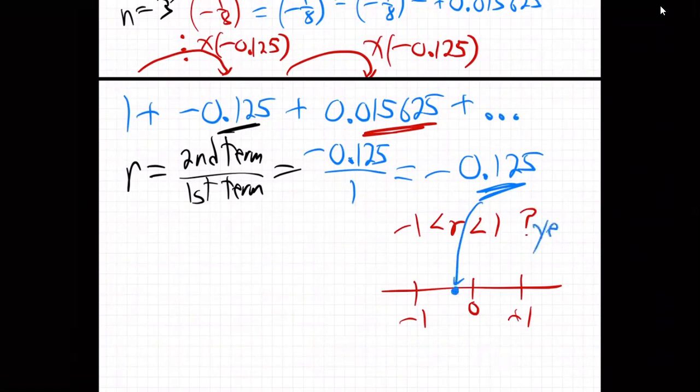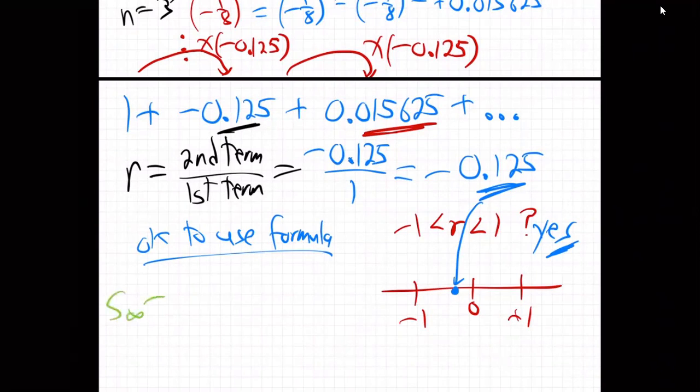So yes, that means it's okay to use the formula. If it was not in that interval, we would just say diverges and be done. But we can use it. So the sum S sub infinity is A1 over 1 minus R.